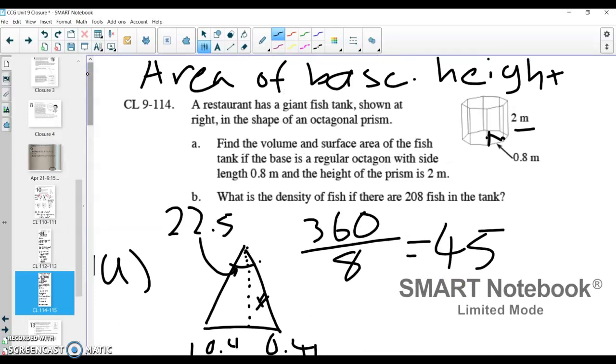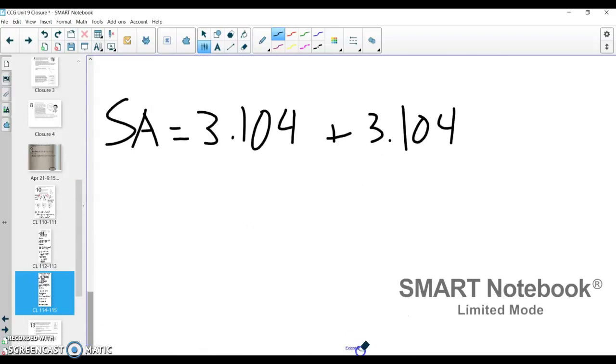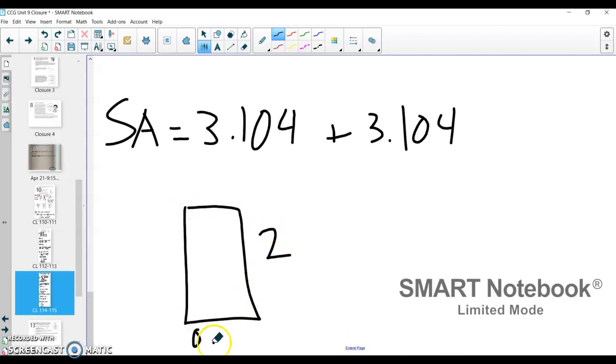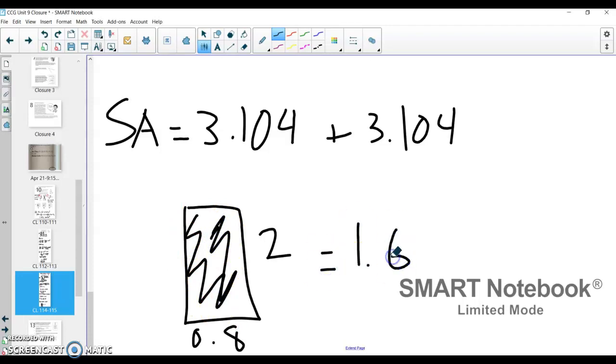All right, and I'm going to redraw one of those rectangles for us. Okay, and so we have these rectangles that make up the sides with a height of 2 and a bottom part of 0.8. And I can find the area of that rectangle by just doing base times height. So 0.8 times 2 gives me an area equal to 1.6 meters squared.